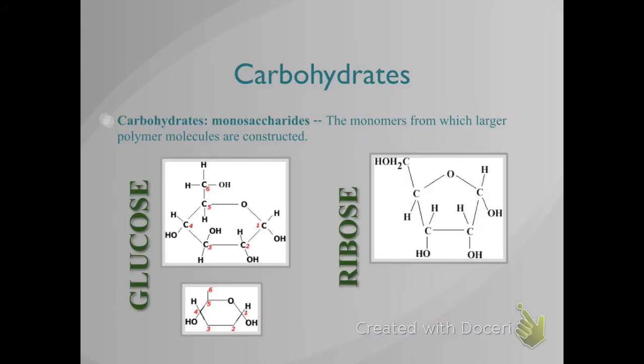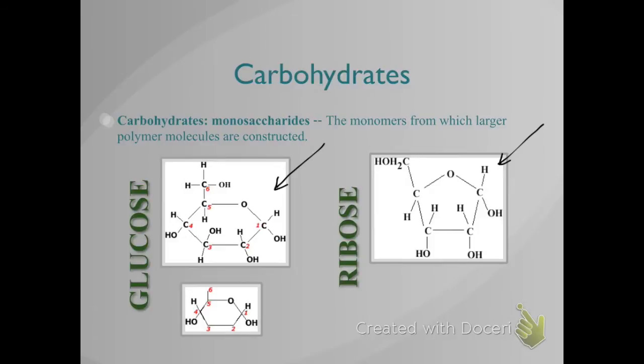Next we have our carbohydrate building blocks. We've got kind of 2 categories of carbohydrate building block. We have a hexagonal ring, which glucose is an example of. You can see that it's a 6-sided ring containing carbon, hydrogen, and oxygen. And then we can also have a pentagonal structure, and ribose is an example of our pentagon.